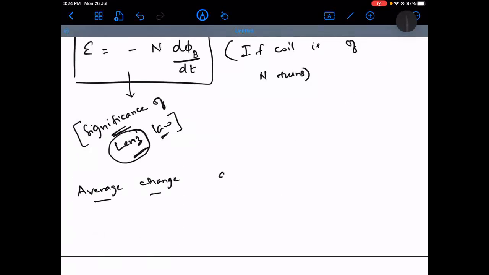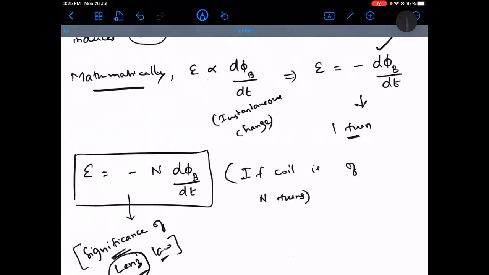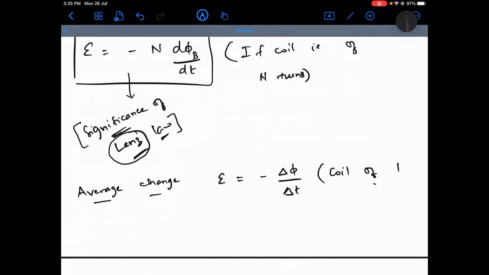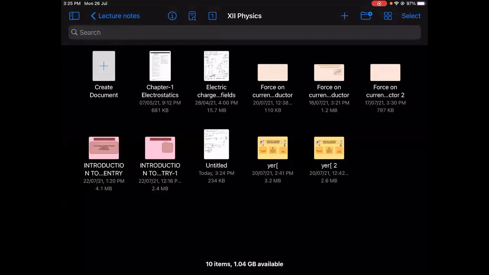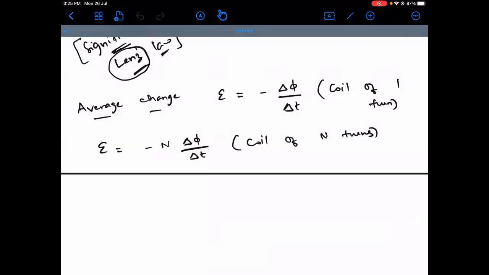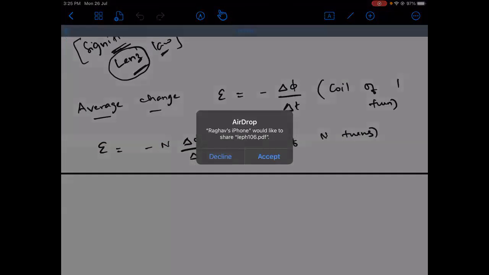So EMF can also be written as minus delta phi by delta t if it is a coil of one turn, or EMF is equal to minus n into delta phi by delta t if it is a coil of n turns. So let's do a problem based on this.